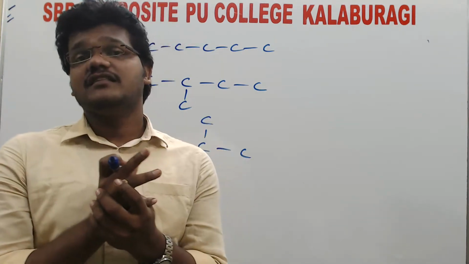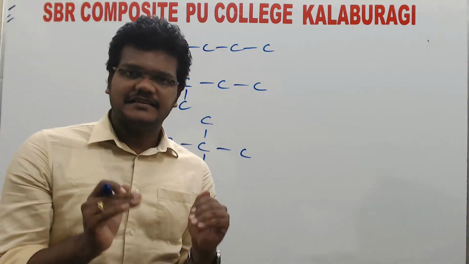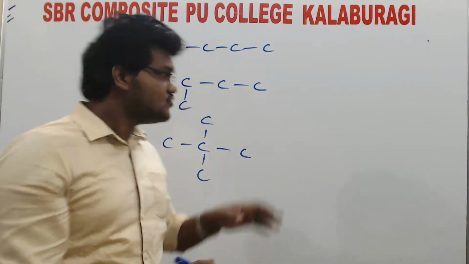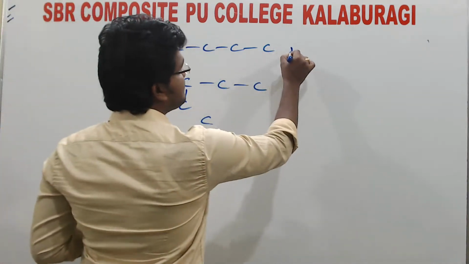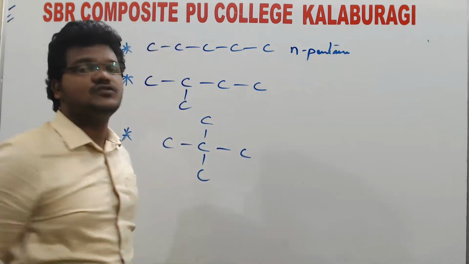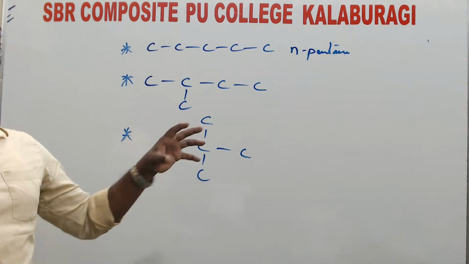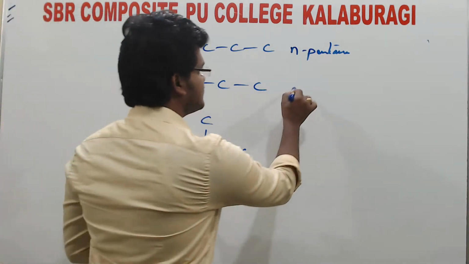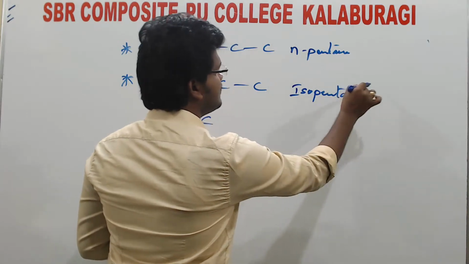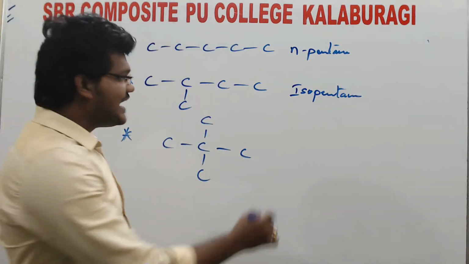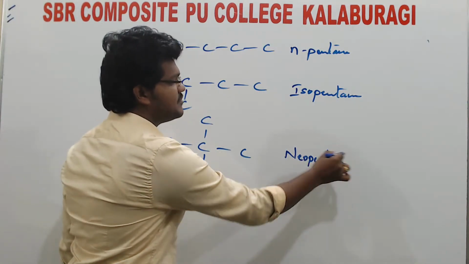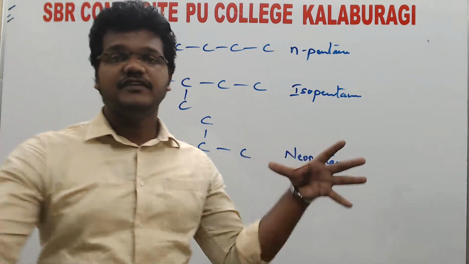And that is why the van der Waals force also decreases. That is why as branching increases, boiling point decreases. So obviously among these, n-pentane should have the higher boiling point, followed by isopentane, and at last neopentane. Clear?